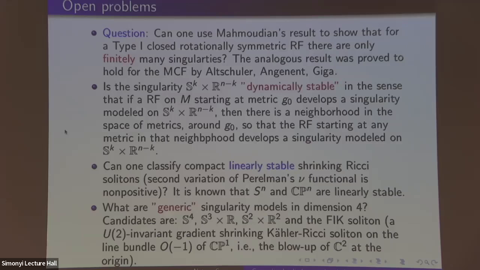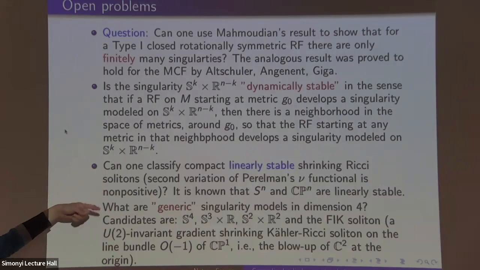Can you prove that the generic singularity models in dimension 4 are those that I mentioned here, which would be natural candidates based on works of others? That is far from known, because to answer that, you first need to answer a question like that and define linear stability even for non-compact shrinkers. But as I said, even in the compact case, this is not known. So Ricci flow is a little bit behind the mean curvature flow in that sense.